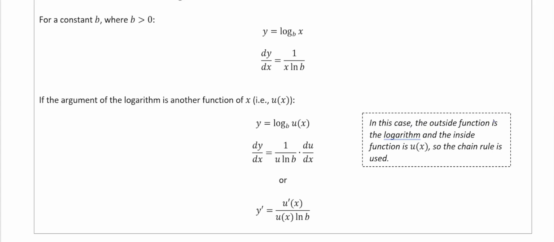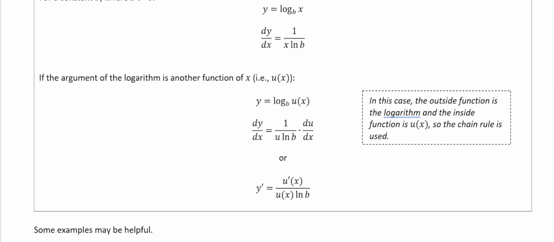In this case, the outside function is the logarithm and the inside function is u of x, so the chain rule is used. Another way of looking at this is that the derivative of the argument will go in the numerator over the argument itself times ln of the base.